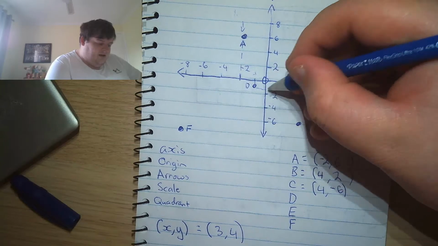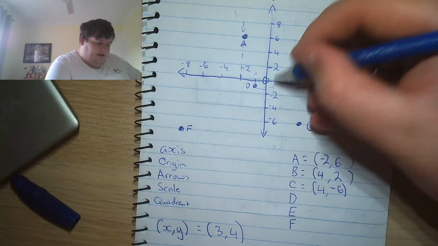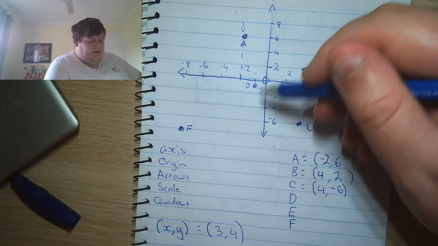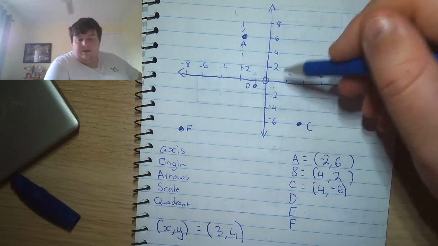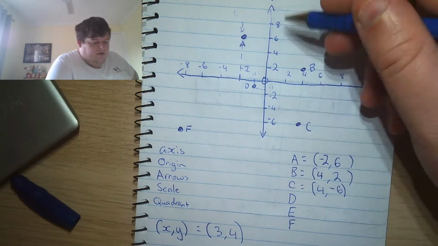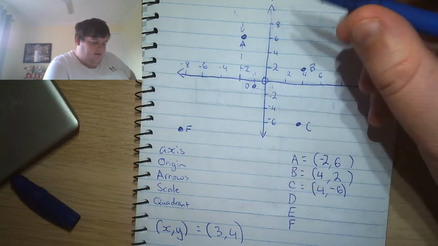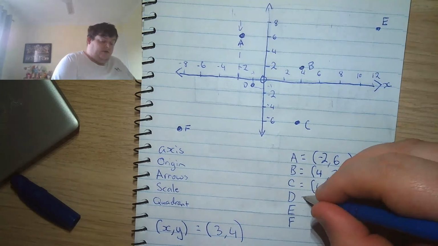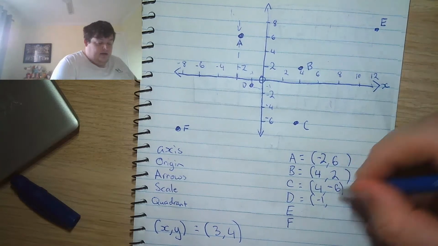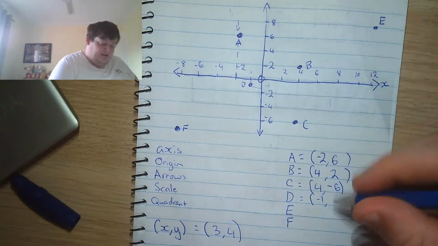Same with this side, halfway to 2, that would also be -1. So if it's between 0 and -2, it would be -1. Same way if it was between 4 and 6, it would be 5, or 6 and 8, it would be 7. It's halfway. So in this case, our x is -1, and our y is -1.